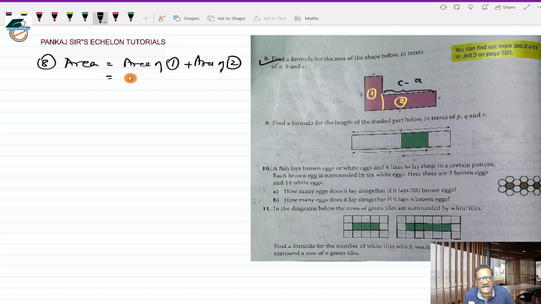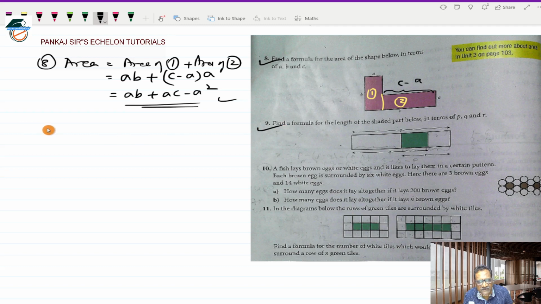B times A, so it will be AB, plus area of this rectangle 2 will be C minus A times A. So I'll write C minus A times A. This will work out to AB plus AC minus A square, which is the answer for the area of this figure. So the area of the figure should be equal to AB plus AC minus A square, in terms of A, B and C. So that was question number 8.